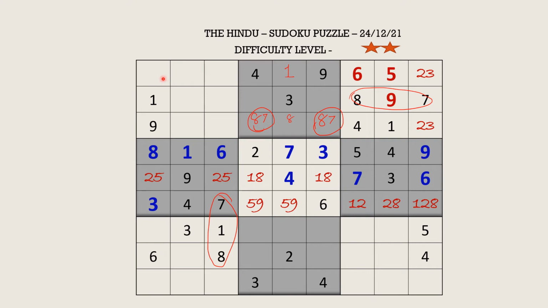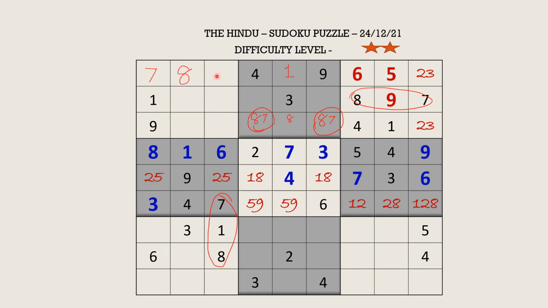So these are the two cells which can take 8 and 7. Let's mark it for your clarity. So these are the two cells which will take 8 and 7. Here 8 is blocking out. So this cell will take 7 and this will take 8.